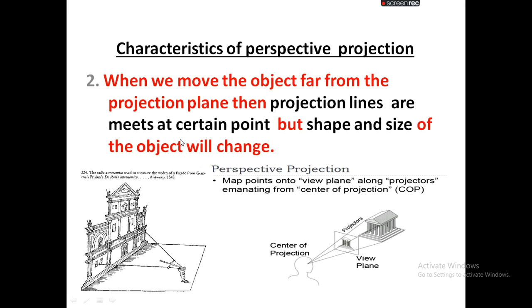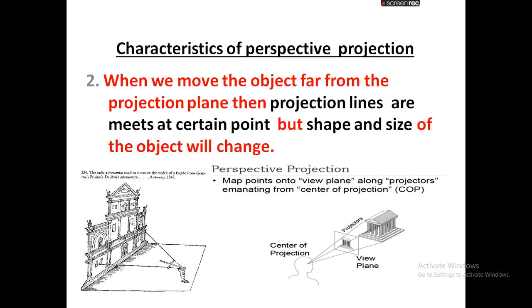The second characteristic of perspective projection is that when we move the object far from the projection plane, the projection lines meet at a certain point, but the shape and size of the object will change.